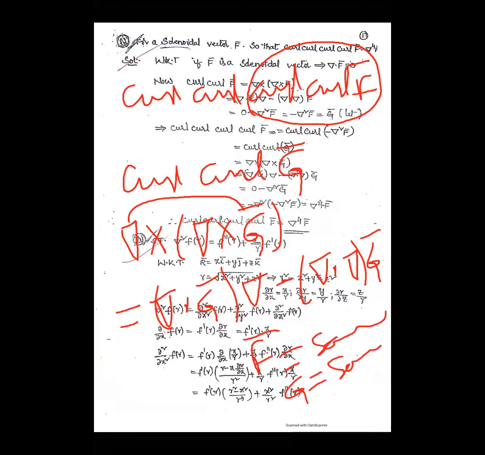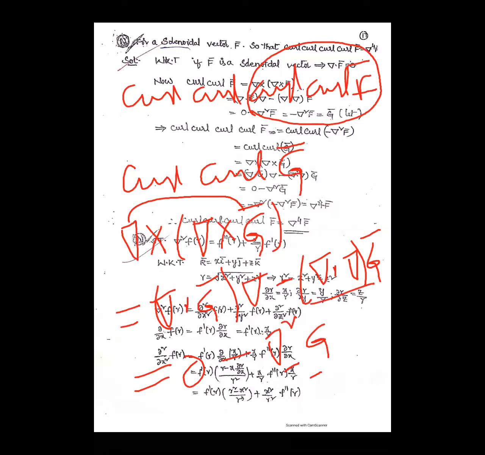When G is solenoidal, divergence of G is also 0. F is solenoidal, G is a function of F, and del dot F equal to 0, so del dot G equal to 0. Replace del dot G with 0, and the remaining value is 0 minus del dot del, that equals del square.